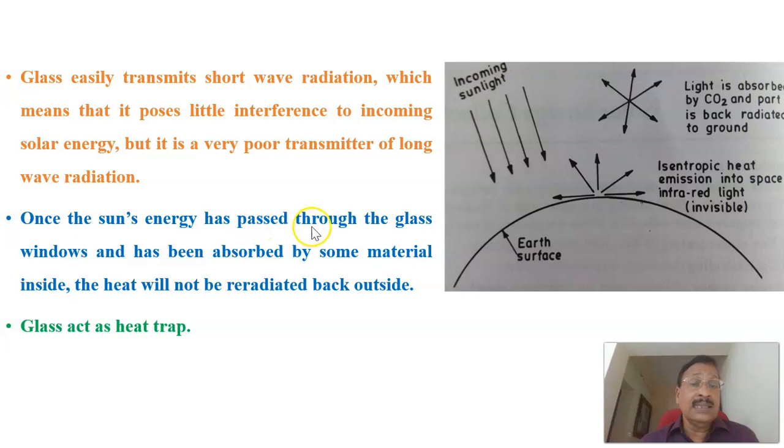Once the sun's energy has passed through a glass window and has been absorbed by some materials inside, the heat will not be re-radiated back outside.